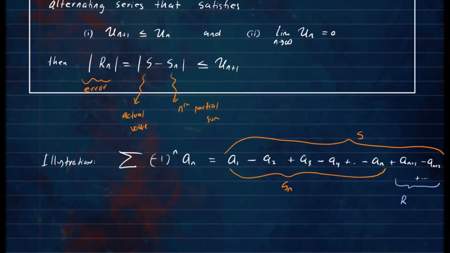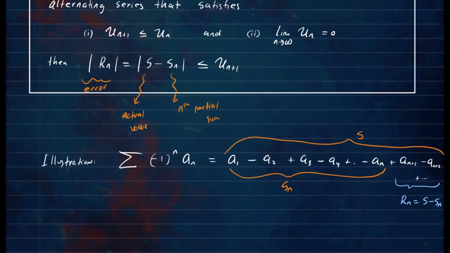So this is our R sub n, the remainder terms. This can be computed by taking the whole, which is S minus S sub n, and we throw an absolute value just to make sure it's positive. So that's what we're really saying here, that our error is going to be less than or equal to that u sub n plus 1 term, or really the a sub n plus 1 term.